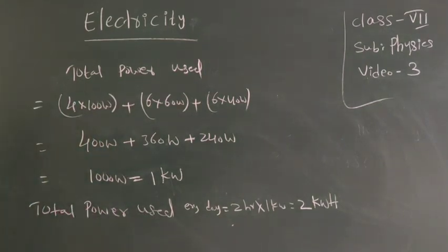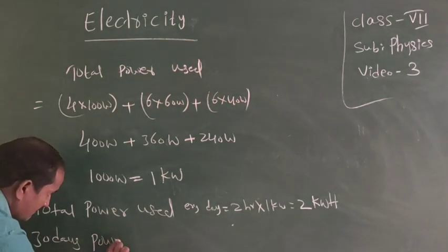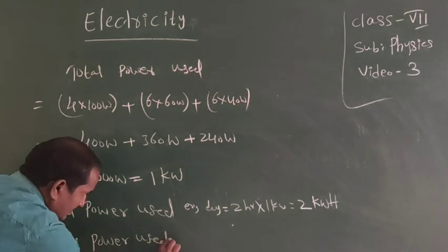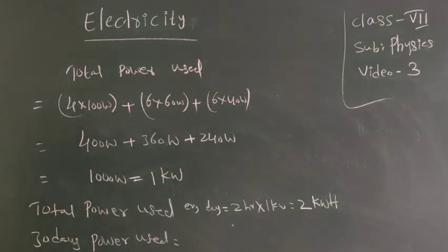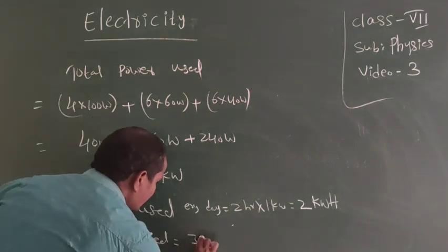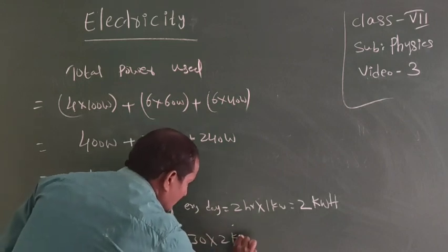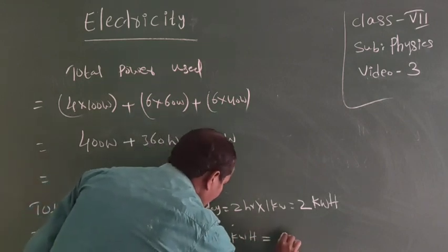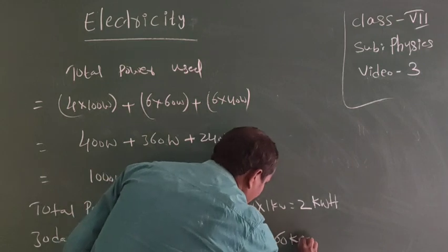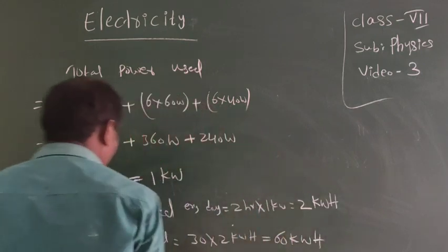Okay, 30 days power used equals how much here? 30 into 2 kilowatt hour, that equals 60 kilowatt hour.